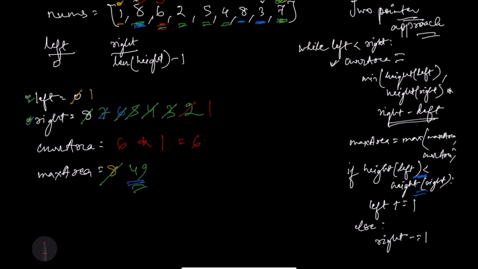Now our right is 1. So no longer it satisfies this loop, and we will come out of the loop and we will return max area. So yeah, this is how you dry run it, and we can see that the two pointer approach works for this problem. So you can go on ahead and dry run some more examples.